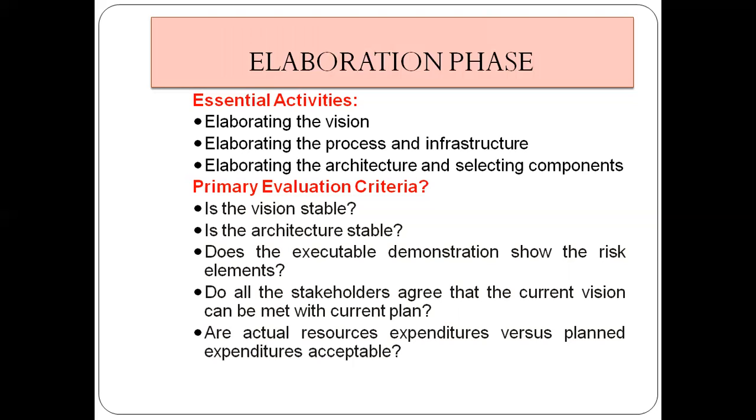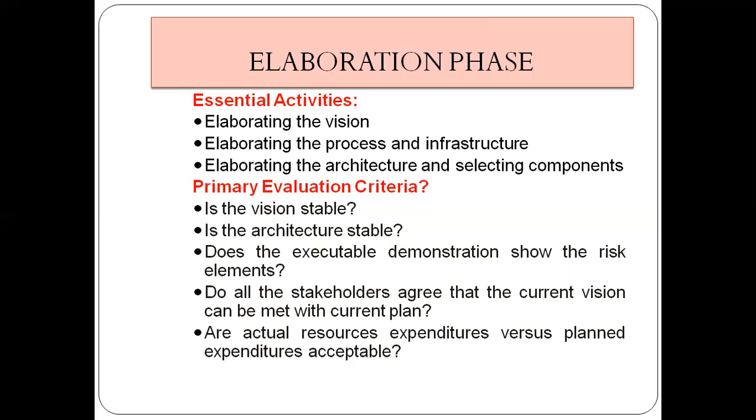And coming to the primary evaluation criteria. Once I have provided an architecture baseline, how am I going to evaluate it? We have to see whether my vision is stable. Whatever the main motto of my project is, it should be stable and should not change.